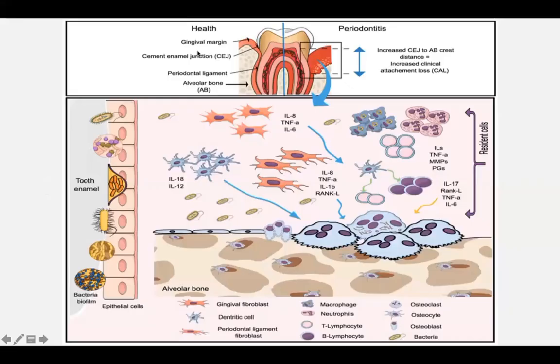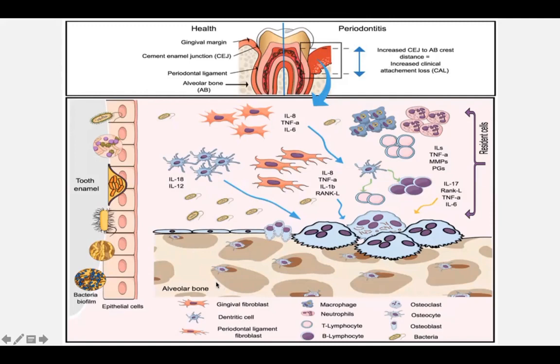Now this is also basically histoimmunology. This is histoimmunology, how the healthy gum is different from the periodontal or diseased gum, and how from the cemento-enamel junction they go down and cause the inflammatory response in the cell. So this is alveolar bone.